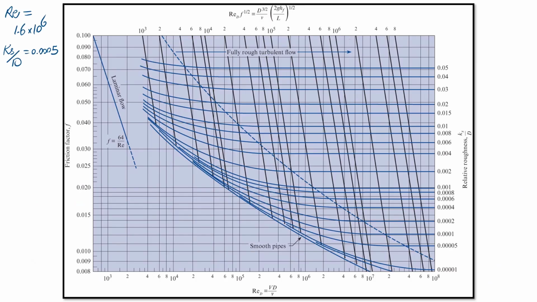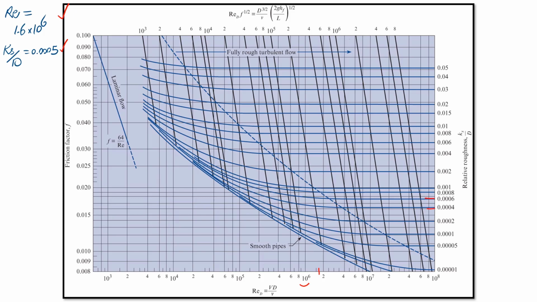Again, I have summarized what we know. Reynolds number, K sub S over D. I'm going to start with Reynolds number. It's 10 to the power 6, which is over here. And then the number behind it is 1.6, which is like over here, approximately, right? Now let's find K sub S over D. I've done that before, so it was in between these two lines, right?